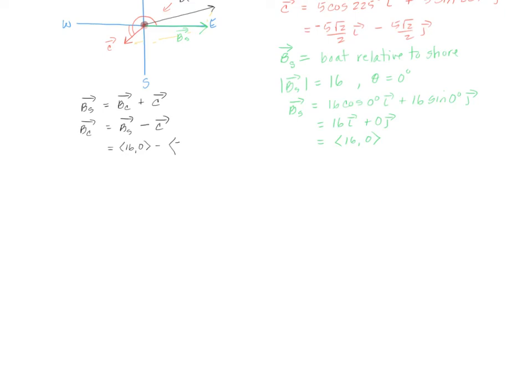Too much writing with IJs. Negative 5 square root of 2 over 2, comma, negative 5 square root of 2 over 2. Remember, these are the same as IJ. It doesn't matter to me which one you use.